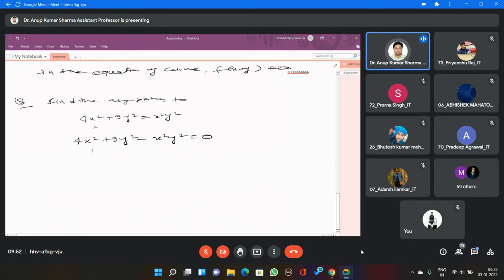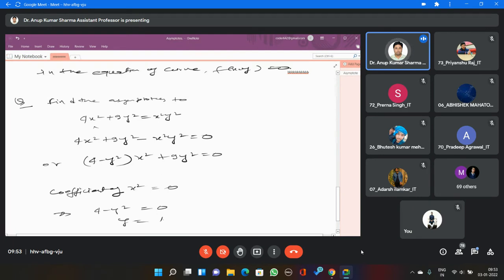You can see the power of x is 2, the maximum in this equation. Now you can write it this way: 4 minus y square, into x square, plus 9y square is equal to 0. Now the coefficient of x square is equal to 0. This implies that 4 minus y square is equal to 0, that means y is equal to plus minus 2. So these are your asymptotes.